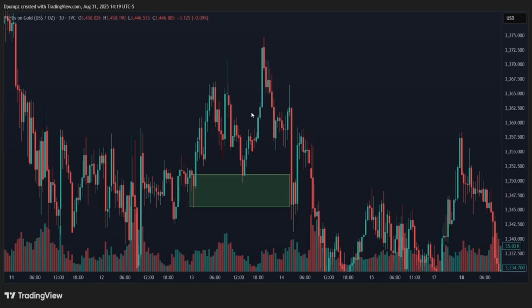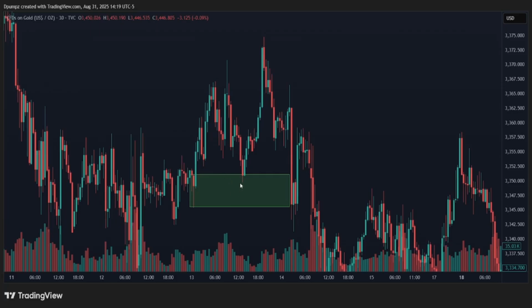It's just better. So here's a demand example. So you see how the institutions, they just bought, they created an imbalance. So they bought, went up, and then when we came back, the price level, it's not a price level, it's an area. The area was unfilled, right?